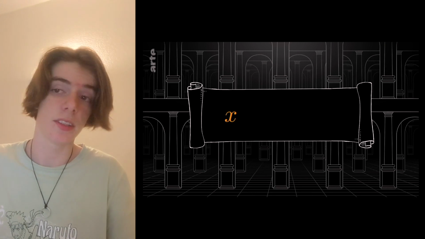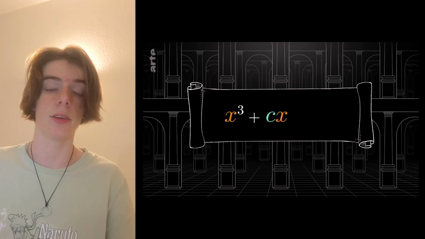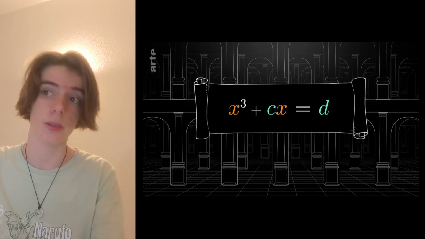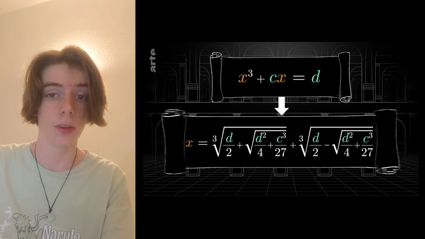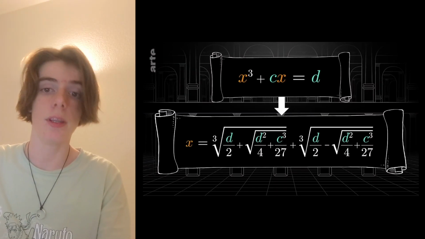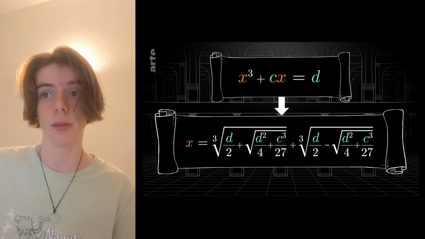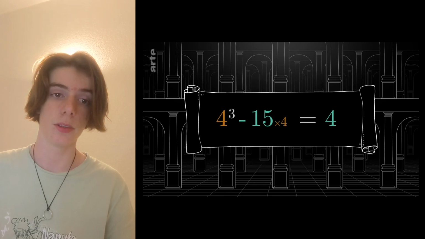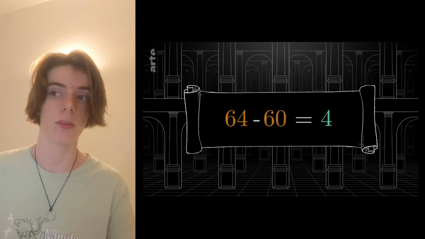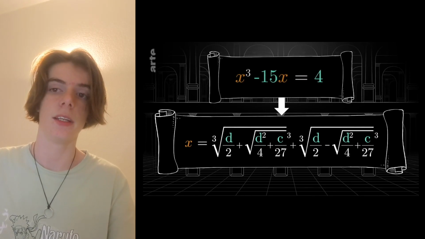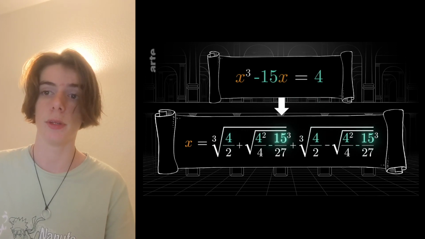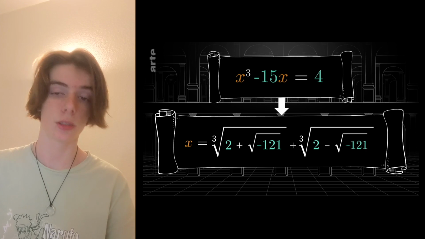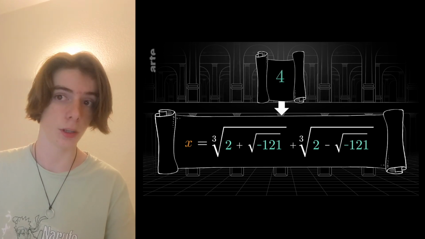In the 16th century, Girolamo Cardano encountered a problem in the resolution of third-degree polynomial equations. He knew that for the equation x cubed minus 15x equals 4, one of the solutions was x1 equals 4. But he also had a formula which gives the value of x, which also means that 4 should be equal to that formula.